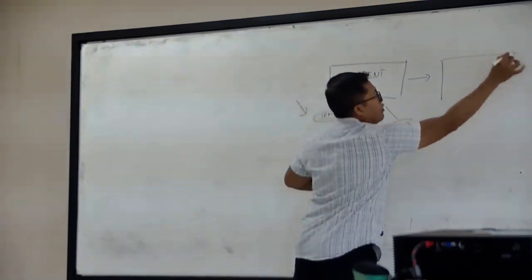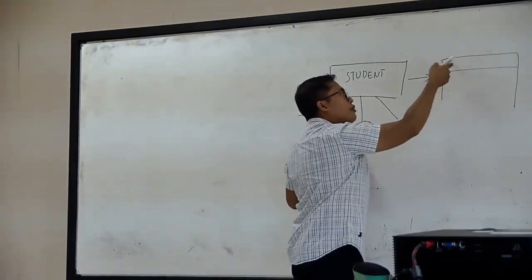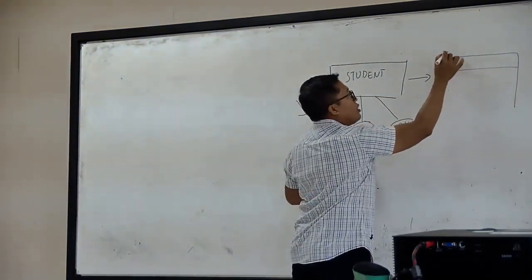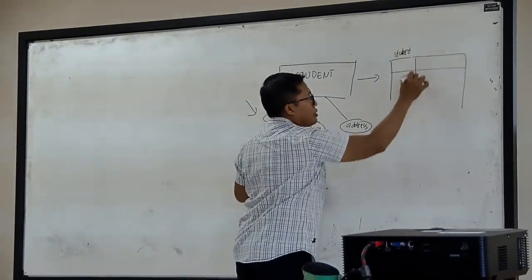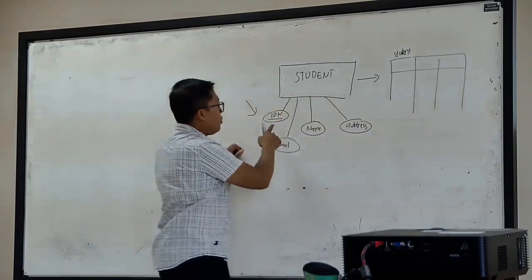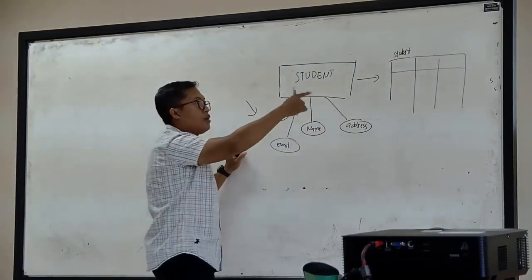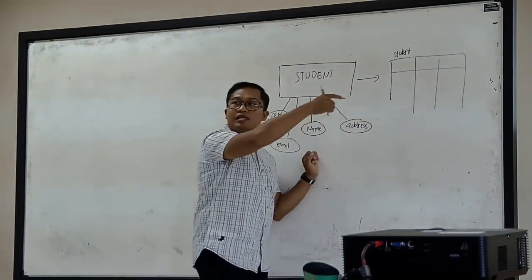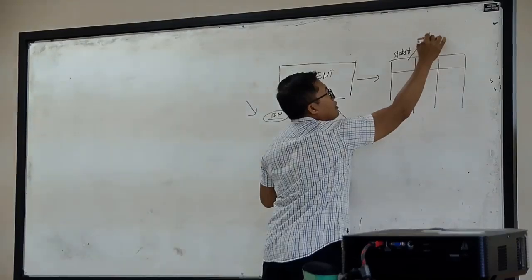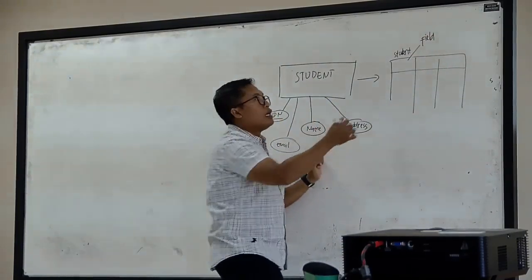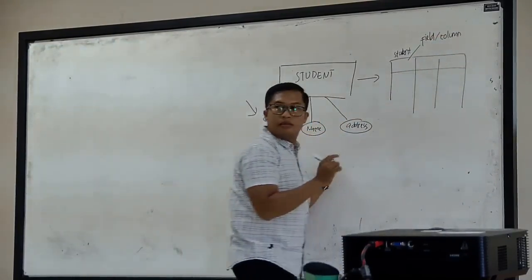So if we create the table, the relation with the table name student, and then we have 1, 2, 3, 4 columns, right? In a relation, the column we call a field, similar to column.